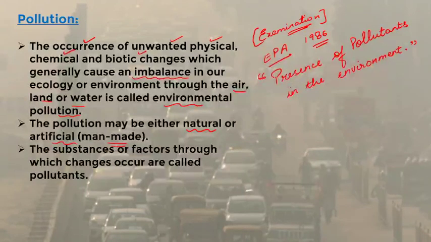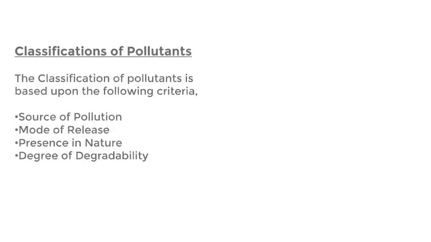This was the general criteria when we started studying pollution and pollutants. Apart from that, there are multiple sources of these pollutants which create this kind of pollution. Now, moving to those sources, or you can say types of pollutants, we must know how they come into our environment.